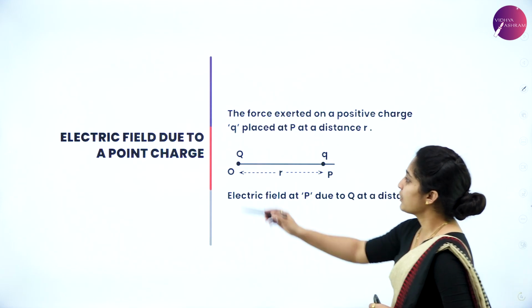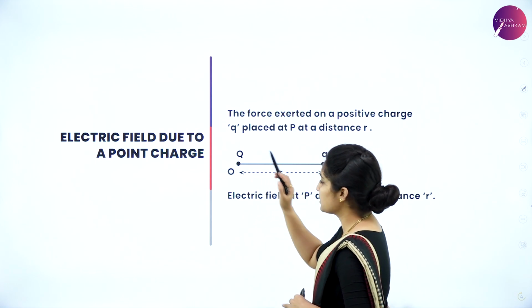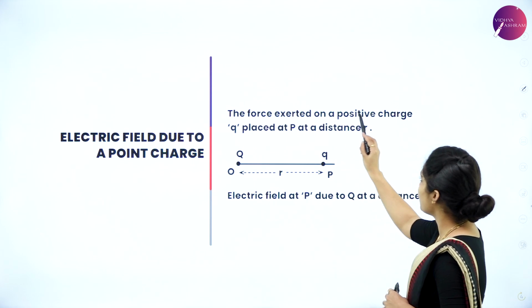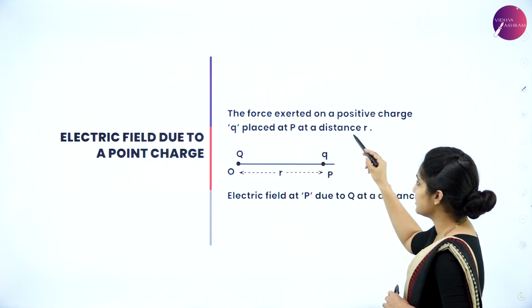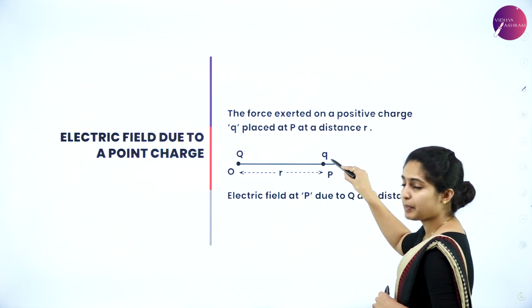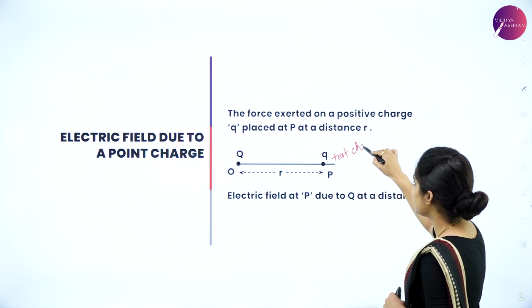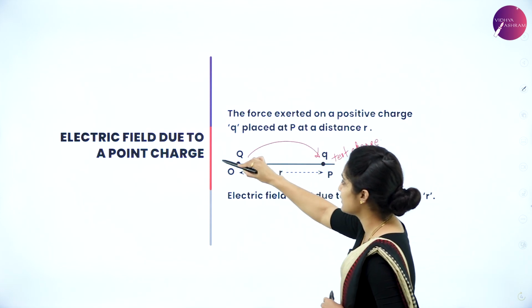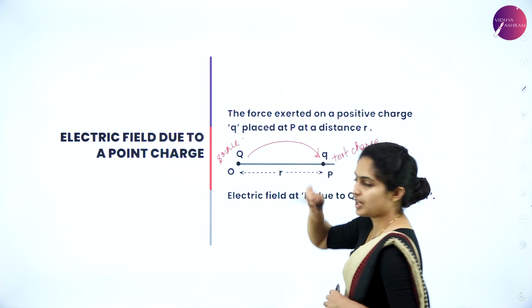Next, let's see the electric field due to a point charge. Suppose this is a point charge, how exactly does it go? The force is exerted on a positive charge q placed at a point P at a distance r, and this force is experienced by this charge. This charge is called the test charge, and it experiences a force due to the capital Q, which is known as the source charge.